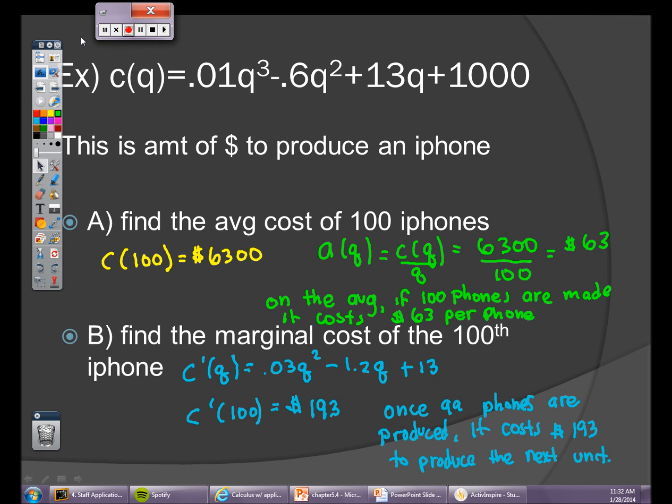So plugging in 100 for Q will yield the result of $193. The interpretation here is once I've made 99 phones, it's going to cost me an additional $193 to produce the 100th iPhone.